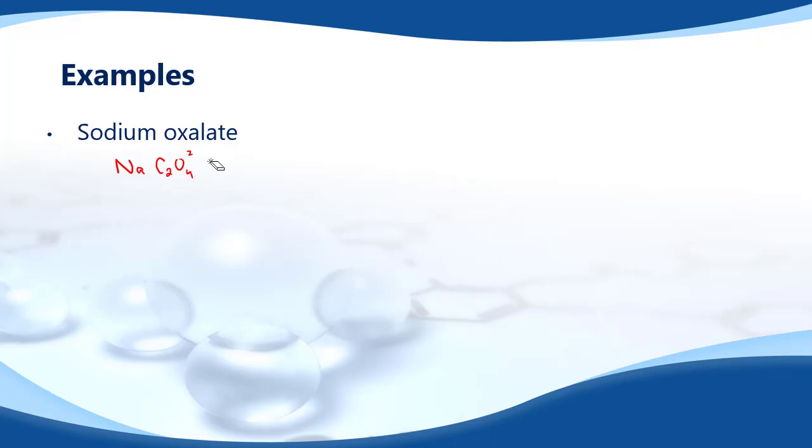Now we're going to drop and swap the 2. So the 2 is going to come down here, and we get Na2C2O4. This is our final answer. We do not reduce the 2, 2, and 4, even though it looks like we can because they're all divisible by 2. The reason why? We cannot edit C2O4 at all. That is the ion. It has to stay that way.